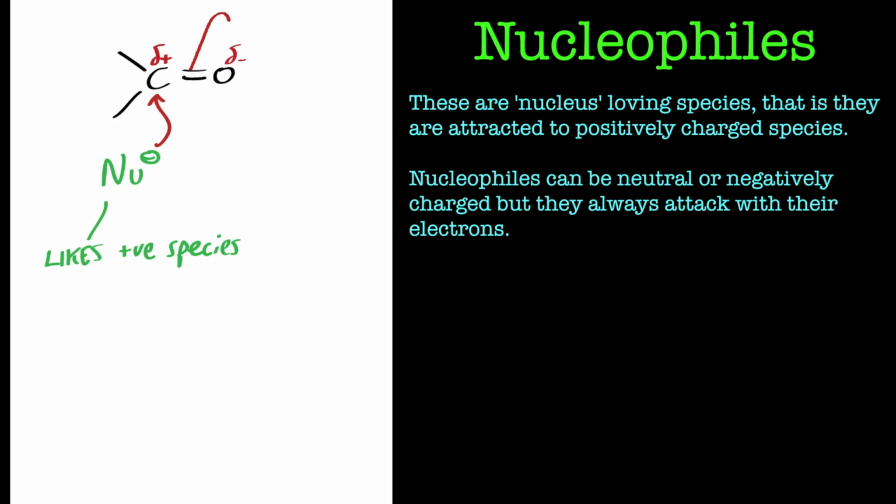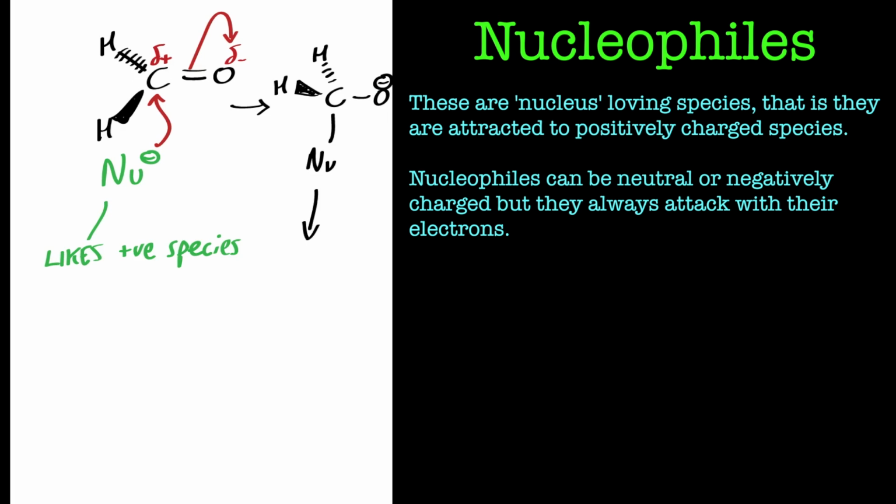We've got the carbon, which is positively charged, and the oxygen, which is negatively charged. If we attack it with the nucleophile I've shown here, it will attack the carbon, because that's now delta positive, partially positively charged. So effectively the nucleophile will transfer its electrons onto the carbonyl carbon, and the electrons will then transfer onto the electronegative oxygen to give you an intermediate species as shown here.